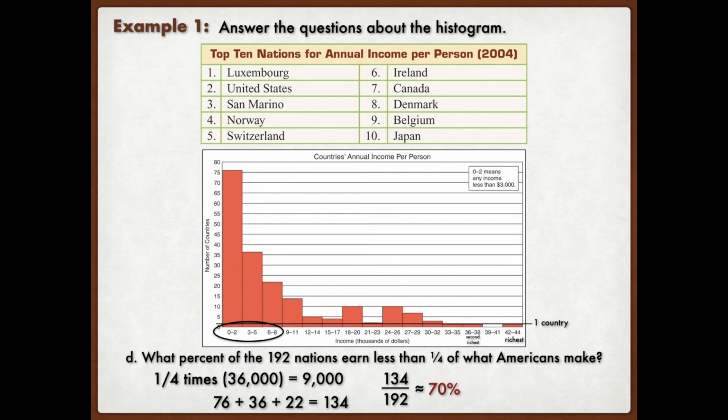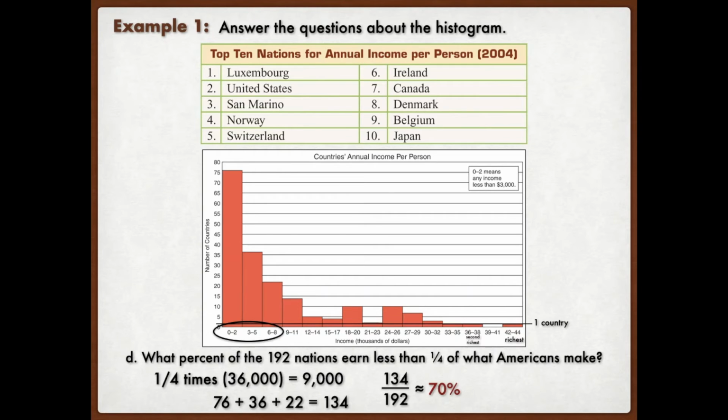What percent of the 192 nations earn less than 1/4 of what Americans make? So we have to figure out first what Americans make, and that's 36 to 38. So about 36 is the lowest. 36 times 1/4, and that's going to give me 9,000. If I look, I'm not going to include the 9, but I am going to focus on less than 9,000.